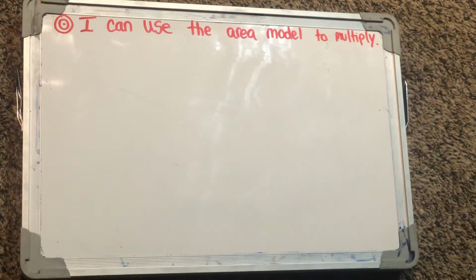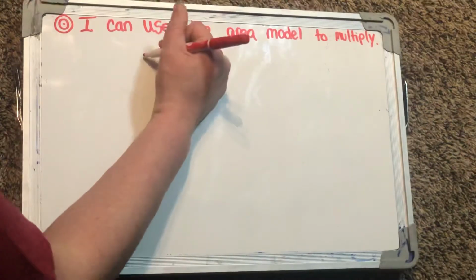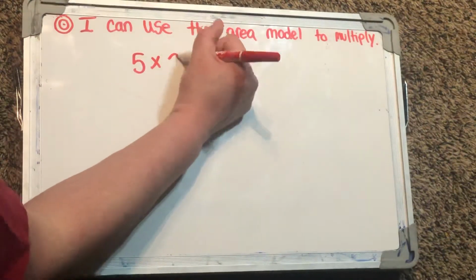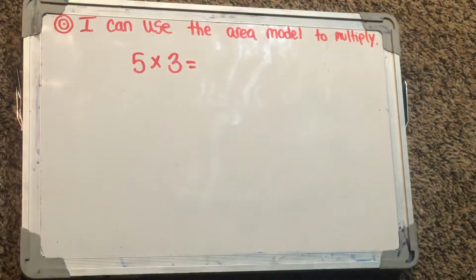Now, we use the area model to multiply, that's our box method, when we are working with numbers that are more than just single digits. So, if I'm only multiplying 5 times 3, I can do that no problem. 5, 10, 15.